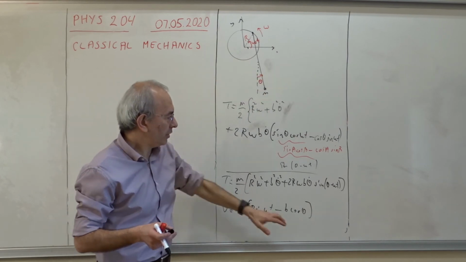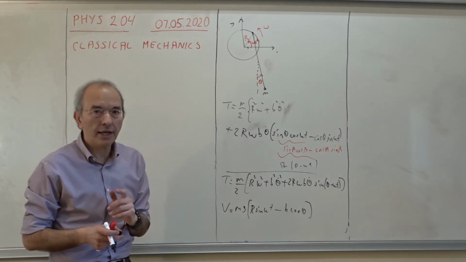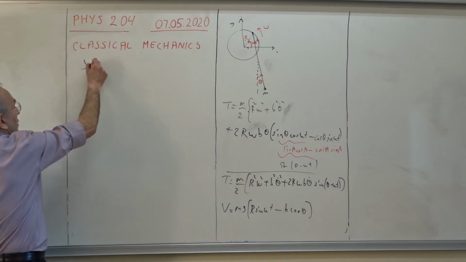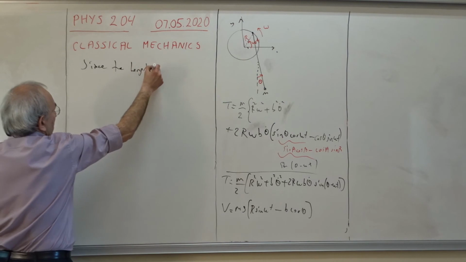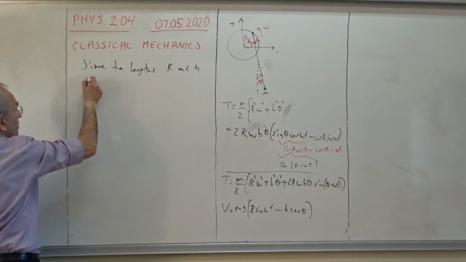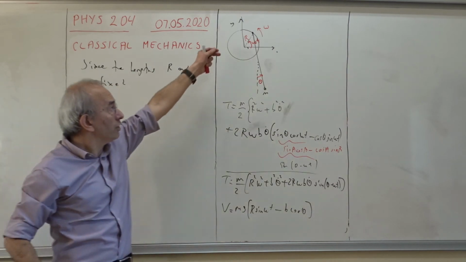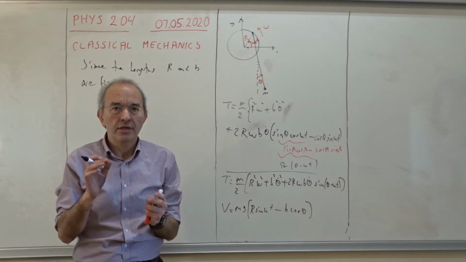So the only thing to differentiate is with respect to angle theta. Since the lengths R and B are fixed, because, for example, this rope is an inextensible rope whose length is fixed.